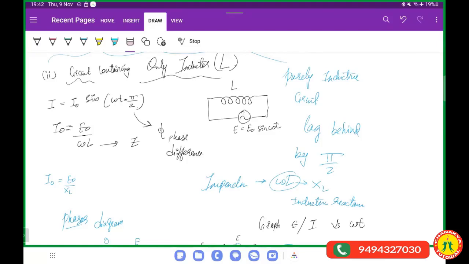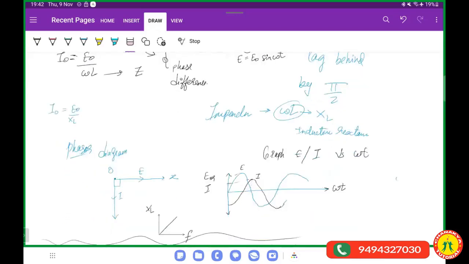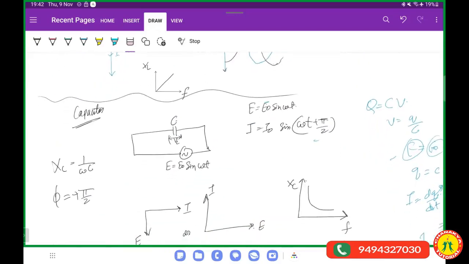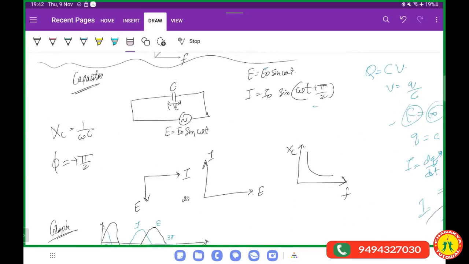In that case, again, the inductor also doesn't allow anything; it doesn't do anything with DC. It only works on AC. And this guy, capacitor, works on AC only and blocks DC.